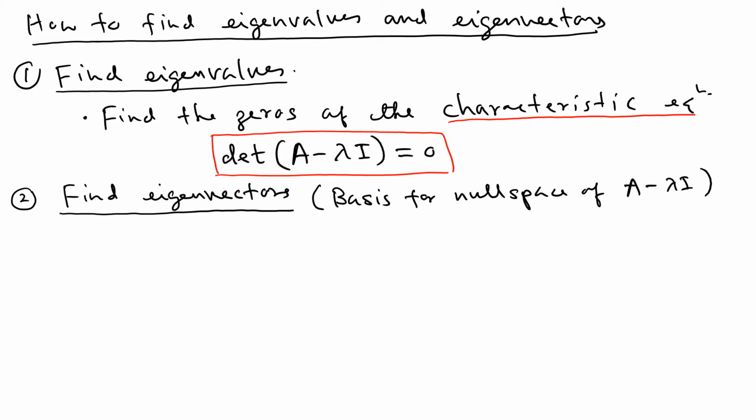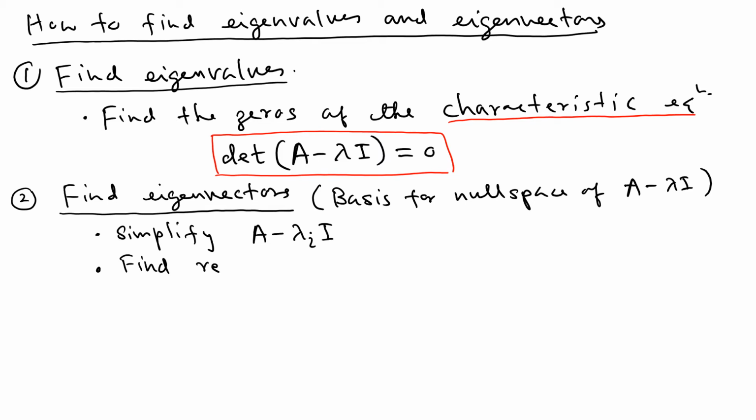So the first step: for each eigenvalue, we simplify A minus lambda I. Let's say lambda is one eigenvalue. The second step is to find the reduced echelon form.